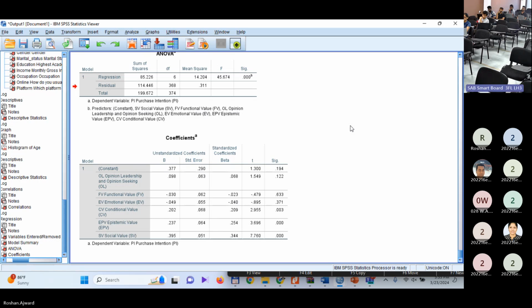Only on significant ones. But now what we can do is write this as an equation. Then the equation is clear. Shall we write? Why not? So let's write the equation.